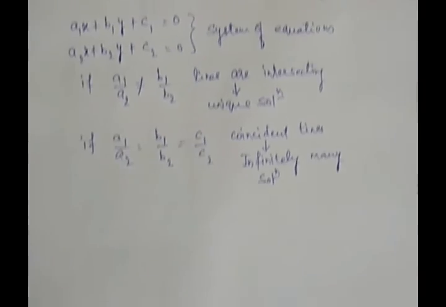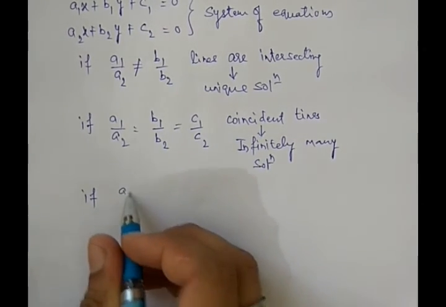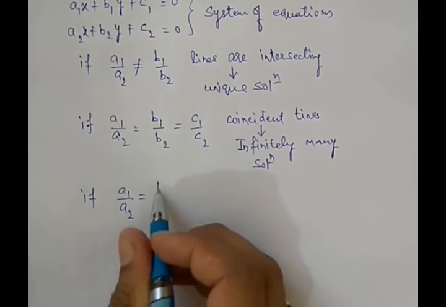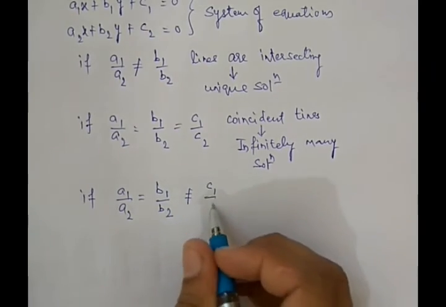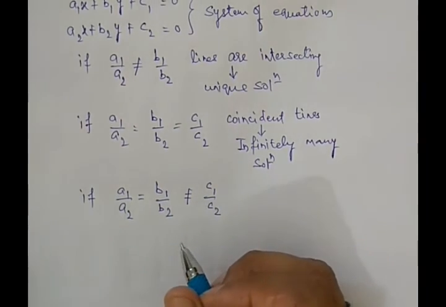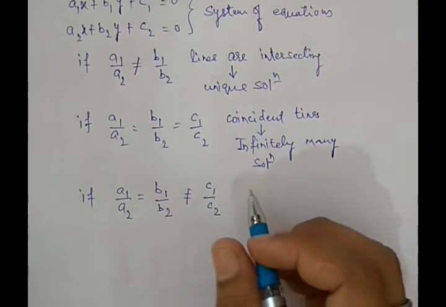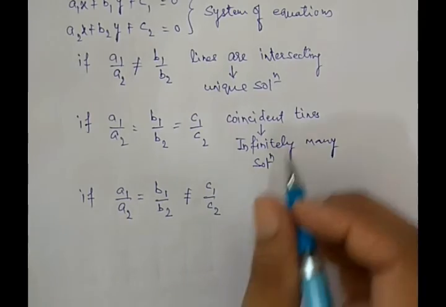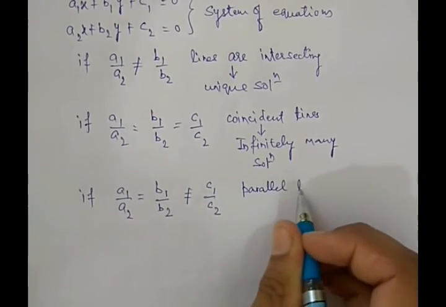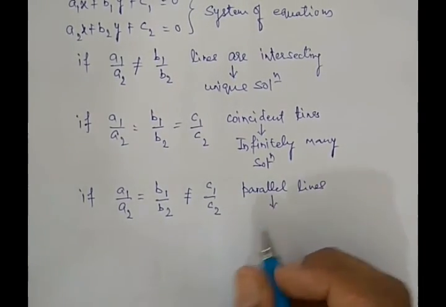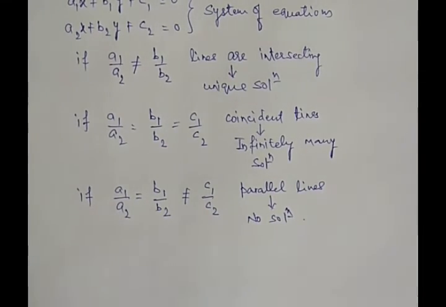But if a1 upon a2 is equal to b1 upon b2 is not equal to c1 upon c2, only the intercepts are different on the y-axis, then in that condition the lines will be parallel lines, and this will be the condition of no solution.